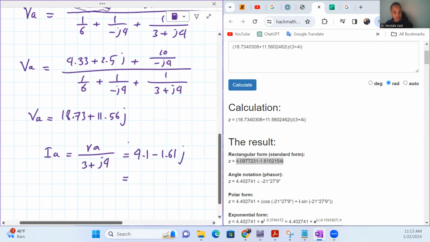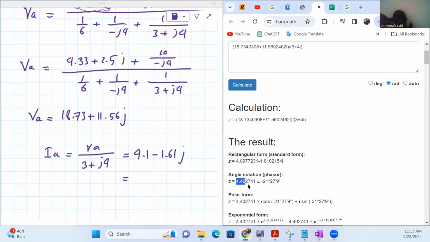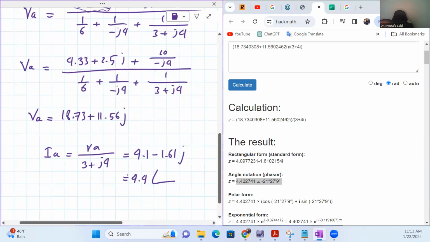This is the Cartesian form. And the good thing about this website is that it gives you both the Cartesian or rectangular form and the polar or phasor form. So we have here 4.4 angle minus 21, then it gives you the angle in degrees, minutes, seconds.